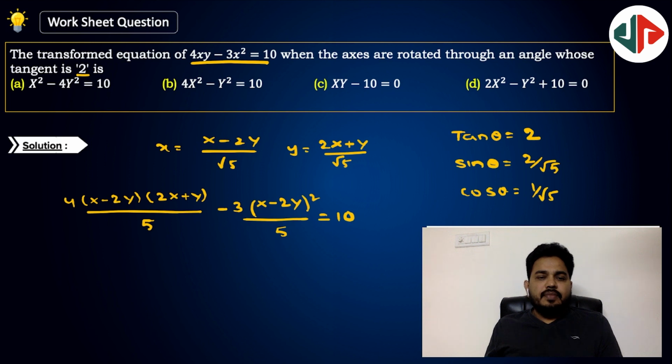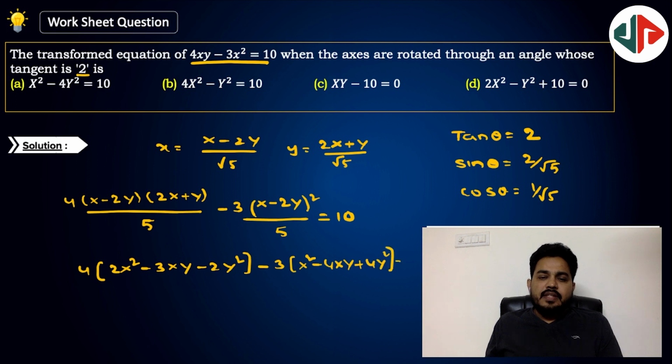Okay. So this is equals to 4 times of 2x square minus 3xy minus 2y square minus 3 times of x square minus 4xy plus 4y square is equal to 50.